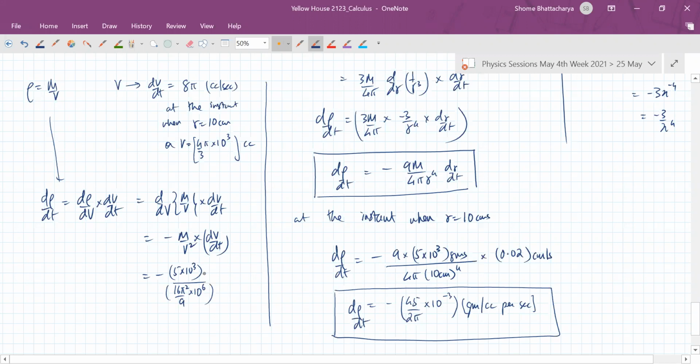Now the unit of this is grams per centimeter to the power 6, because cc is squared, into dv by dt. Now dv by dt at that instant is 8 pi into centimeter cube per second. So this should give us the same thing, in the same unit also.